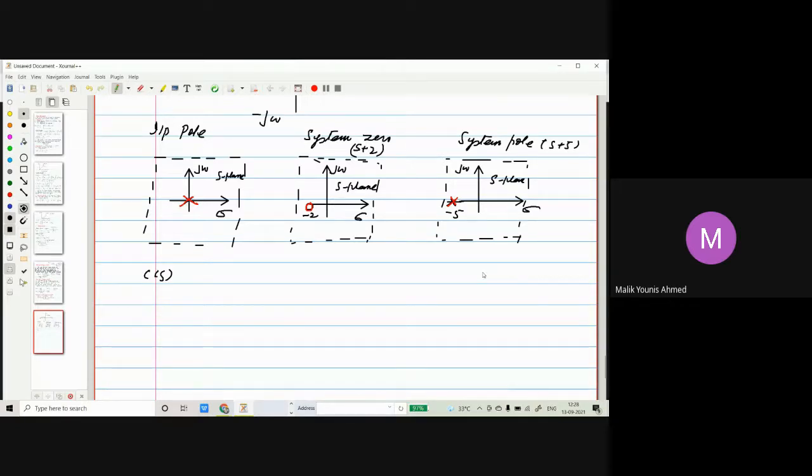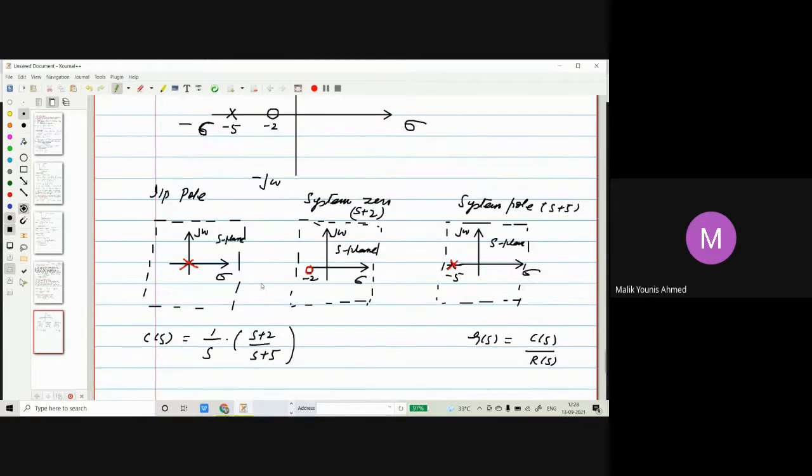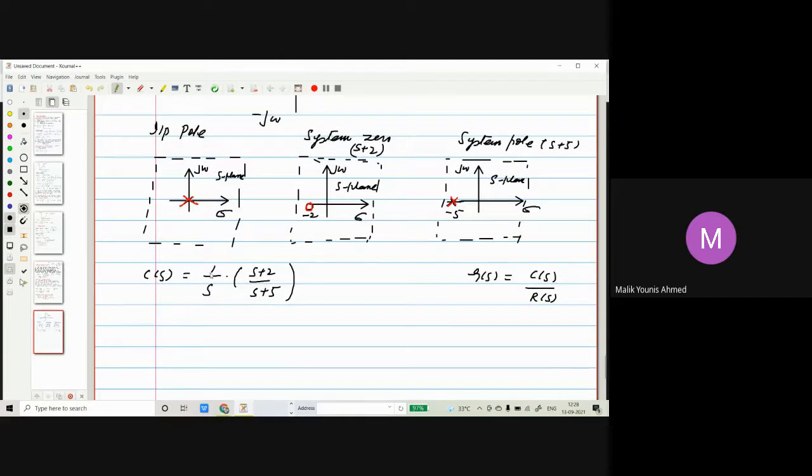We already know that the transfer function G of S is equal to output by input, R of S. So the output will be G of S into R of S. C of S we can write as 1 by S, the input, times S plus 2 divided by S plus 5, the transfer function.